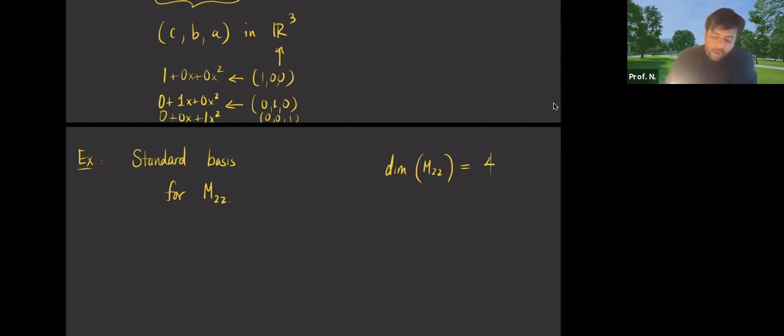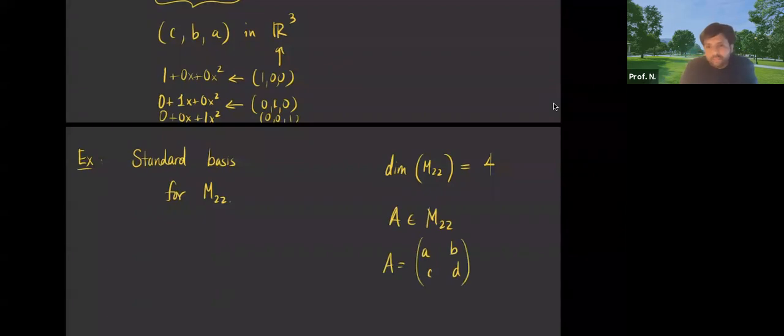If you look at an element in M22, let's say A is an element in M22, then A has components A, B, C, D. How many components does a matrix in M22 have? It has 4 components. And that's where this idea of dimension also comes into play.